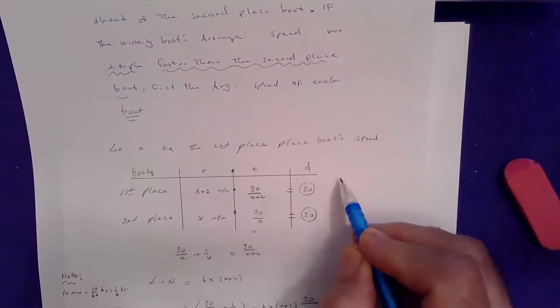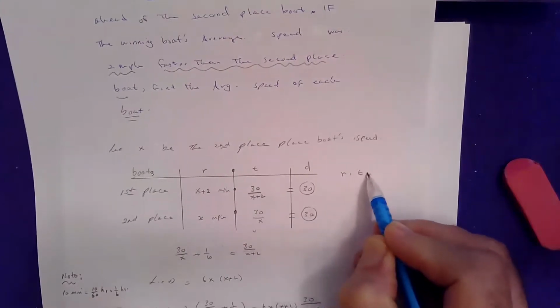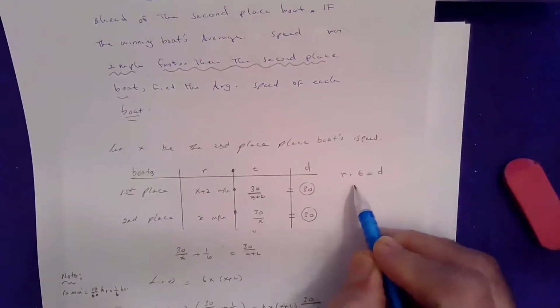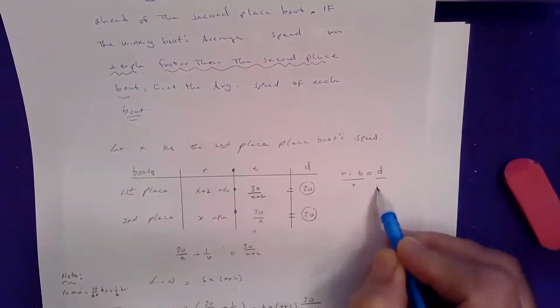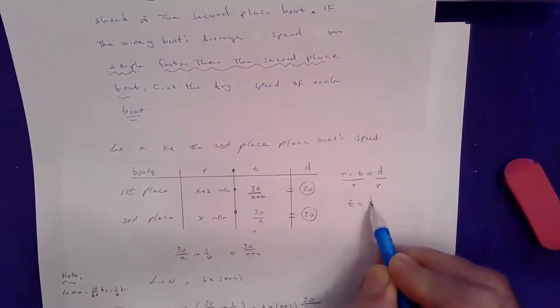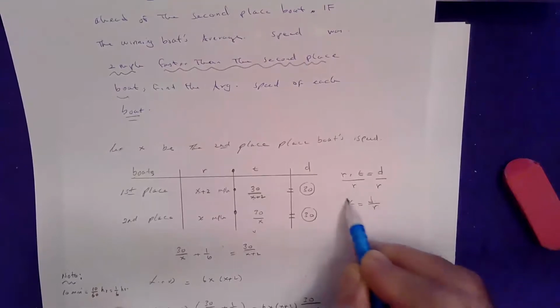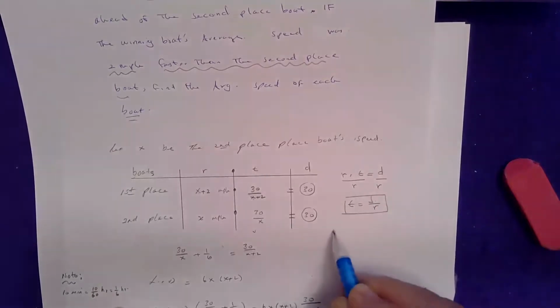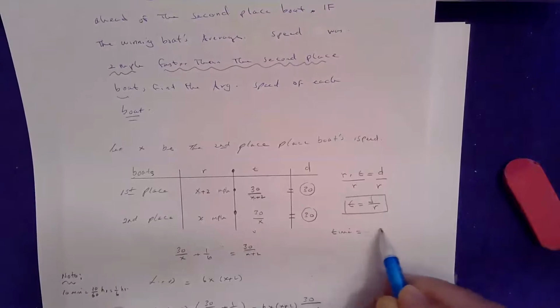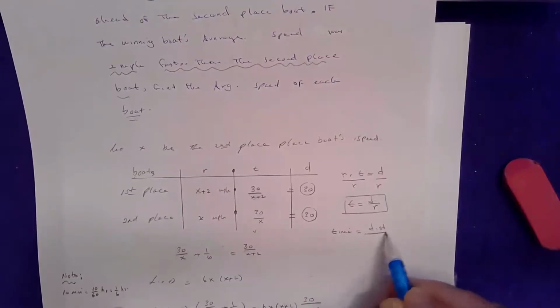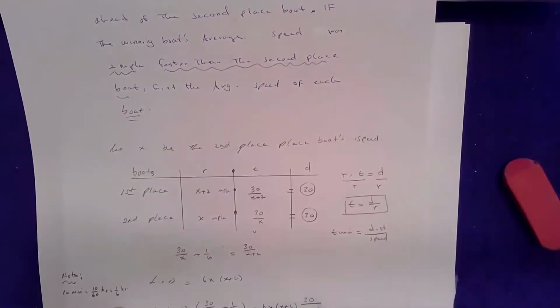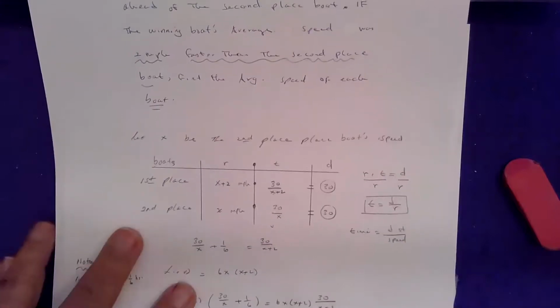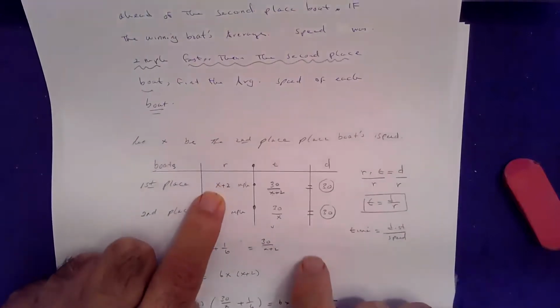Now, if you remember, r times t is equal to distance. So if you divide both sides by speed, time is equal to distance divided by speed. So that's how you find time. You take distance and divide it by speed. Notice in this chart, I know the speeds.